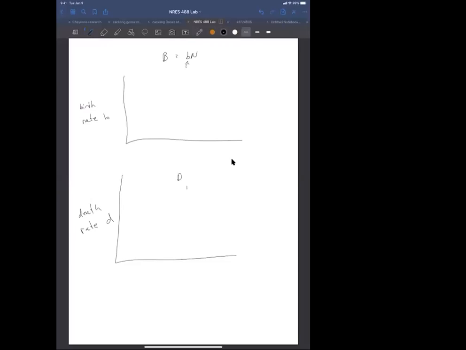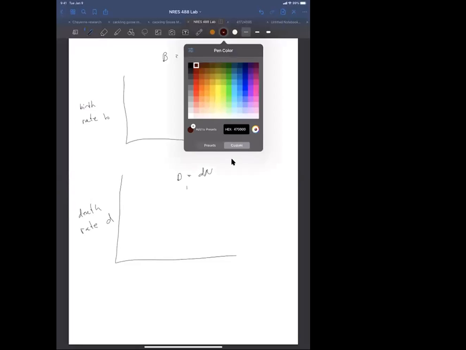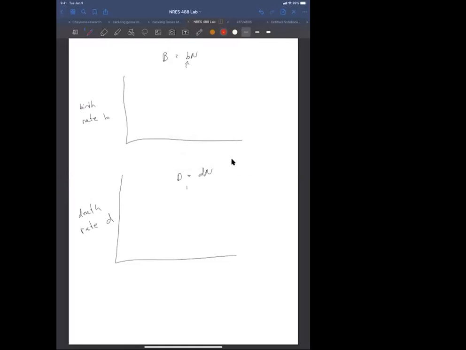And then for deaths, we have d equals little d times n. So now we're talking about this little b on the y-axis and this little d on the x-axis.